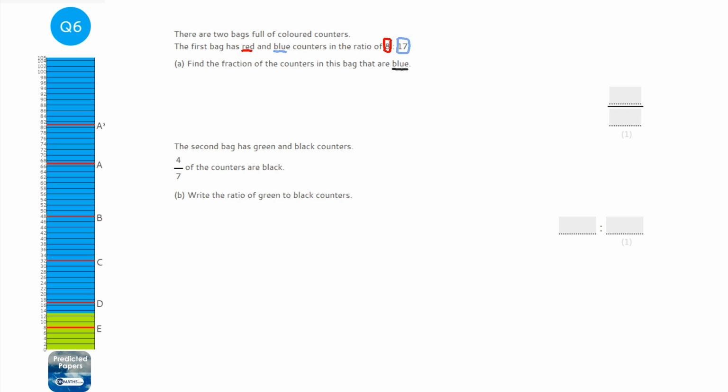So there are 17 blue, so 17 goes at the top of the fraction, but how many are there all together? It's tempting to put 17 over 8, but the bottom of a fraction is the total. So we need to do 8 plus 17, which is 25. So the fraction is going to be 17 over 25.